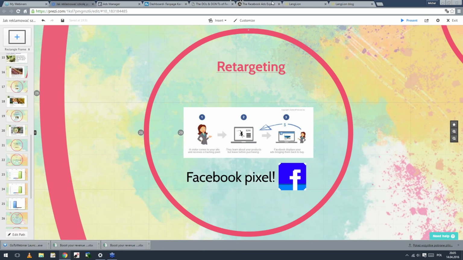Then it sends them personalized campaigns. You can set this automatically, so if somebody enters your site and doesn't leave you any details, Facebook Pixel, which I will show you in a second, will keep a record of all this and display the ad on Facebook for this person.